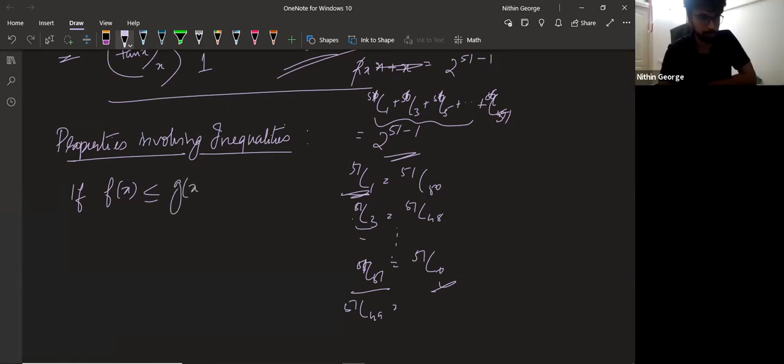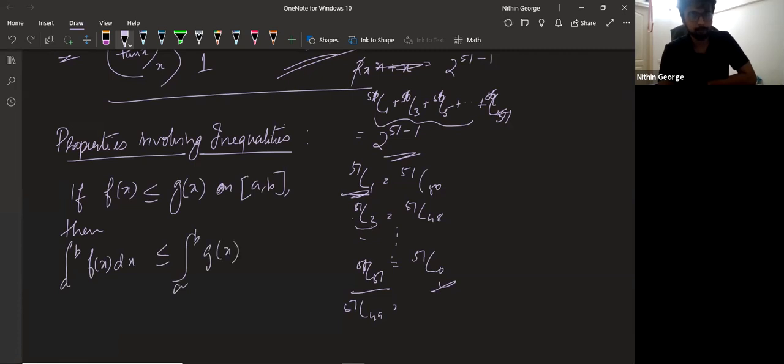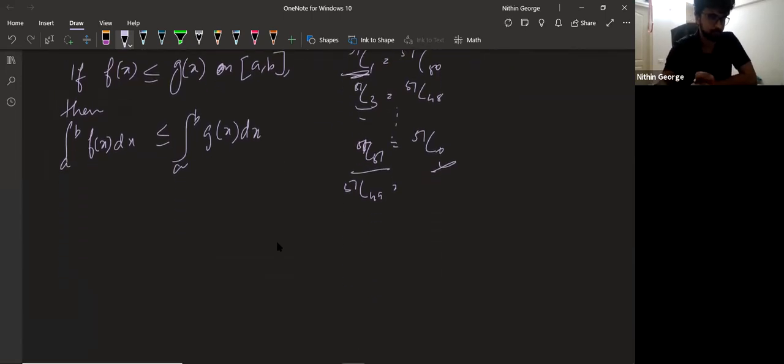So, properties involving inequalities. This is fairly obvious, right? Is this clear?